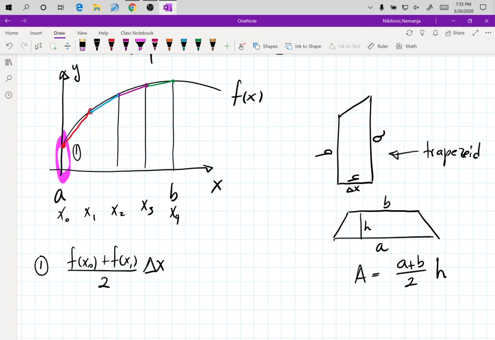And now you set this up for every rectangle. Not rectangle, sorry, for every trapezoid.